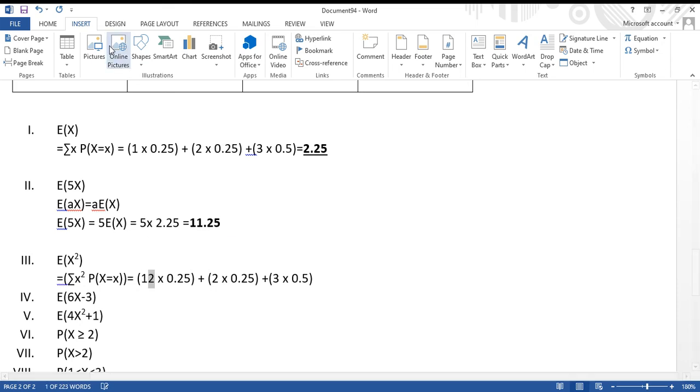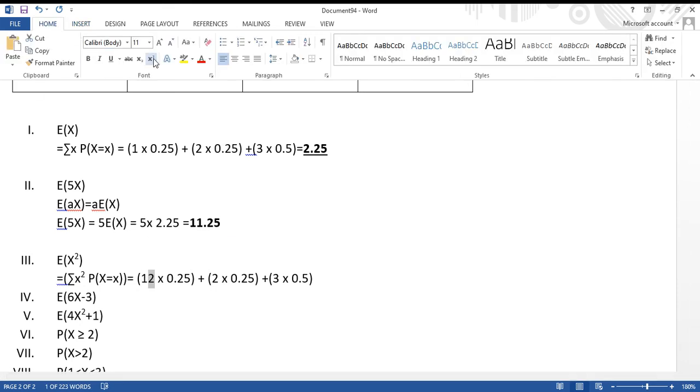This same symbol we see when we're getting our variance, but in this case, we are not tabulating the variance.